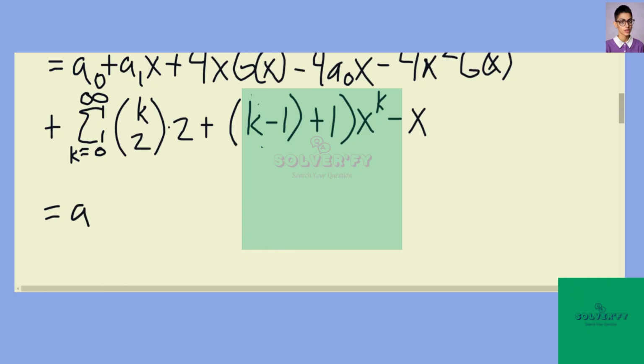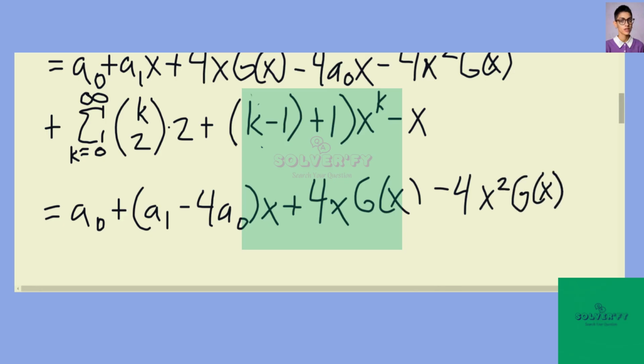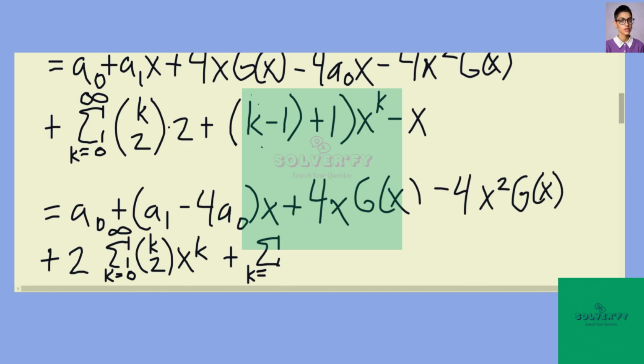And this is equal to (a_0 + a_1 - 4a_0) x + 4x g(x) minus 4x^2 g(x) plus 2 times the sum from k = 0 to infinity of k choose 2 x^k plus the sum from k = 0 to infinity.